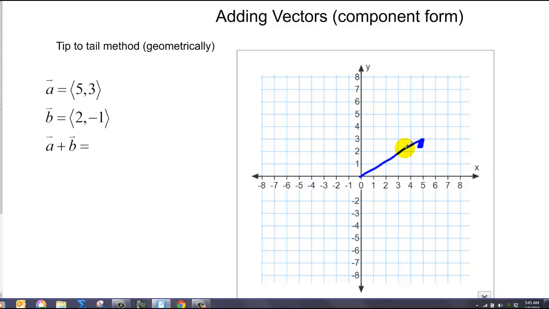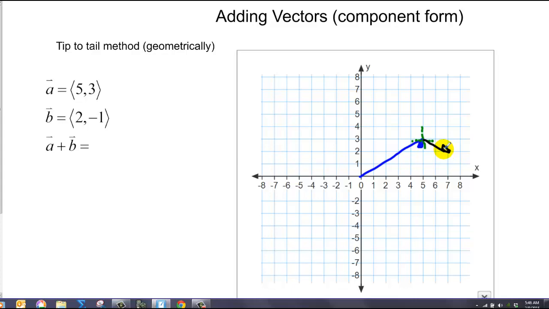So there's our first vector, and we're going to create this fictional axis off that tip, and we're going to plant right on that the tail of this new vector b. So now from this point I'll go over 2, down 1, and as I said, connect the tail of that to the tip of the previous.